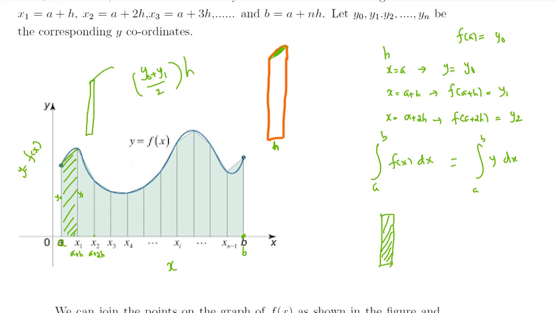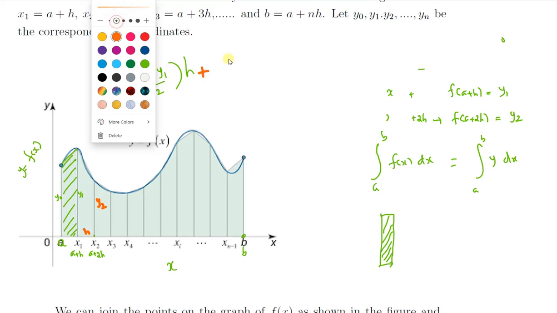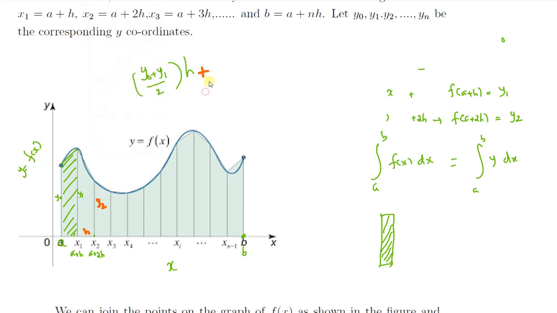Now what about the approximate area of the second trapezium? This length is y1 and this length is say y2. Again this width is h. So the approximate area is y1 plus y2 by 2 into h.